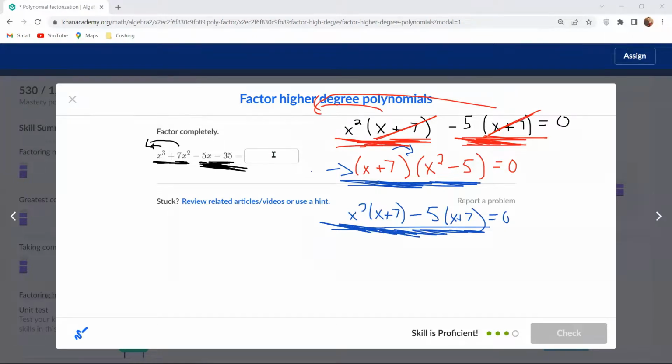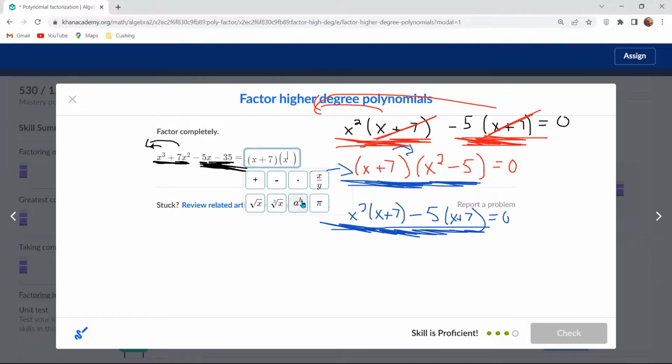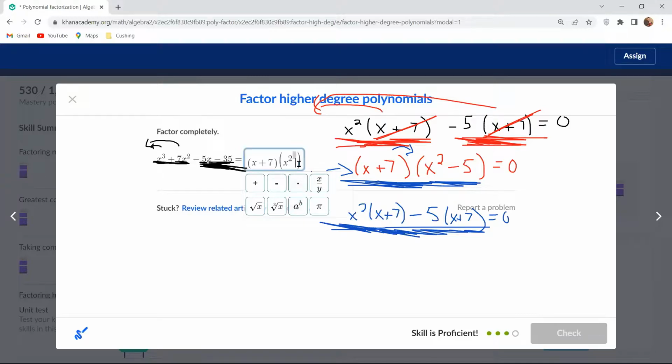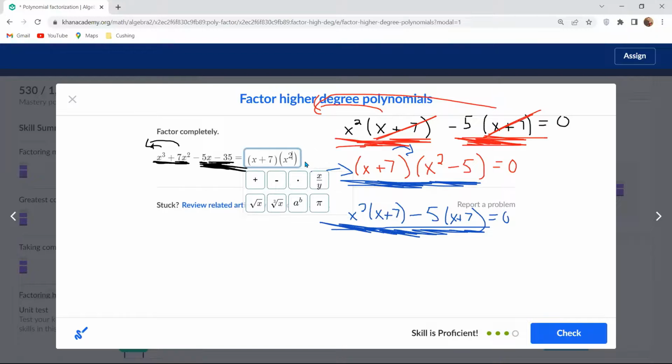Now, let's talk about this. If I put this in as an answer, x plus 7 times x squared minus 5. And you might be asking yourself, why do I not factor the quadratic here? And that is a great question.